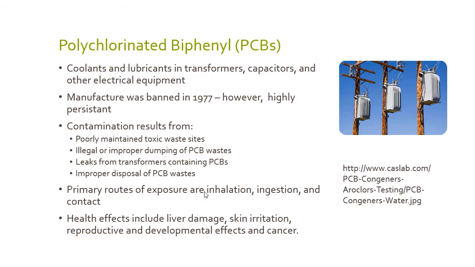And if you see that, then you know that your transformer is okay. However, if you don't see that sticker, that is a recognized environmental condition, and that transformer needs to be tested for PCBs. Primary routes of exposure to PCBs can be inhalation, ingestion, or contact, and it can have lots of bad health effects, including liver damage, reproductive damage, and cancer. So PCBs are really important.